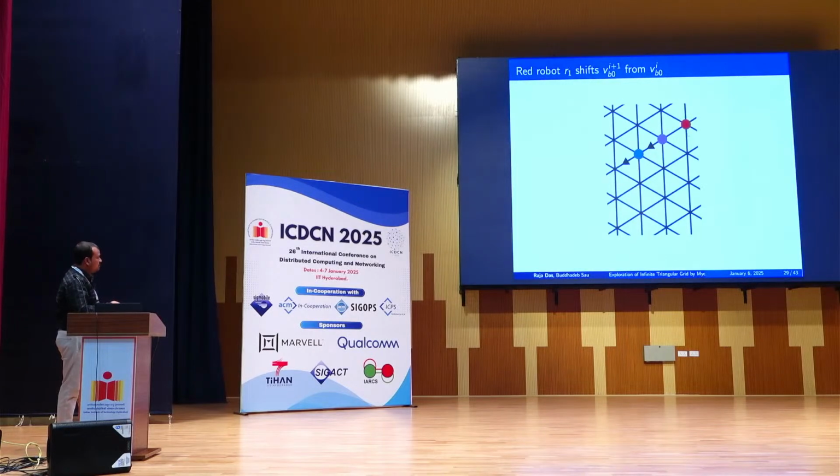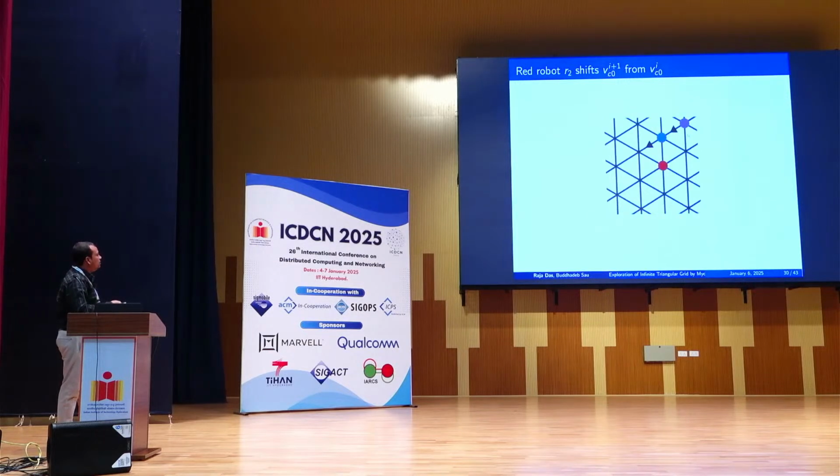Now these two robots, blue and violet, will move straight towards the other red robot, which is at Vi C0. After reaching near that red robot, this red robot will have to move from here to here.